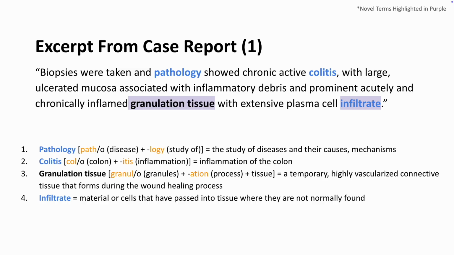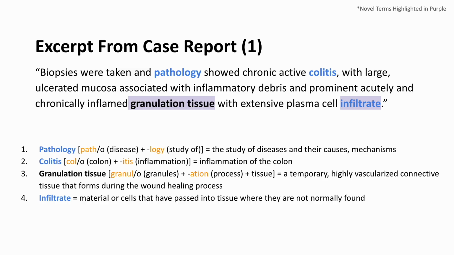Infiltrates is a term that means material or cells have passed into tissue where they are not normally found. So infiltration isn't like invasion. In this case, extensive plasma cell infiltrates.